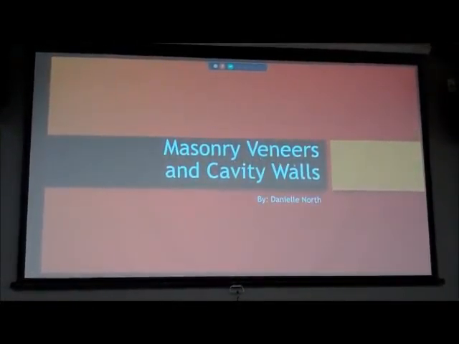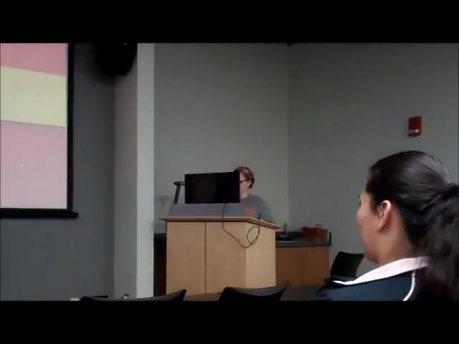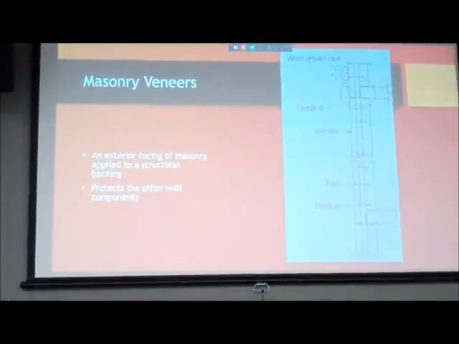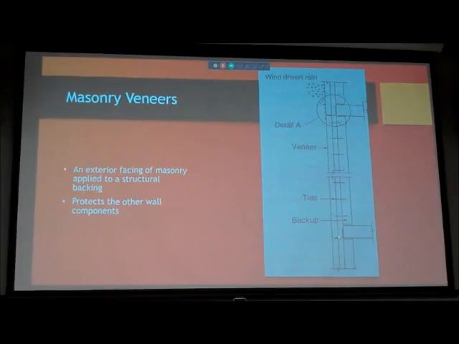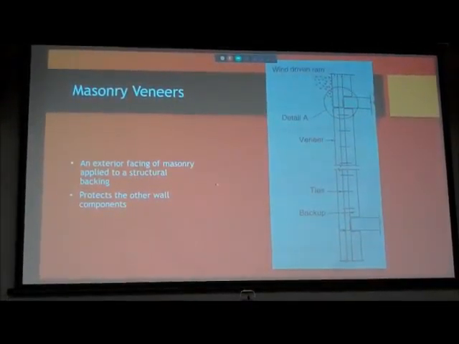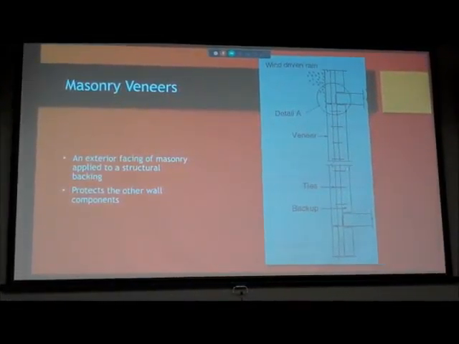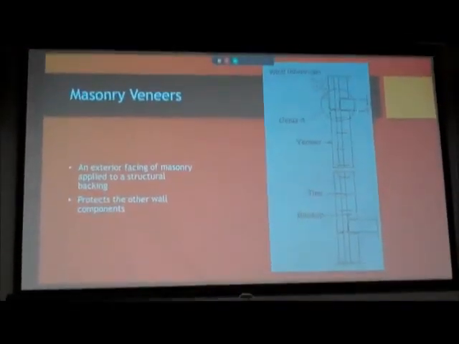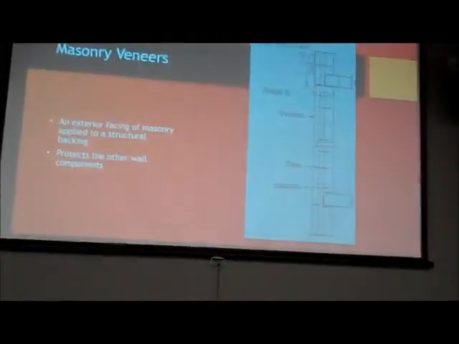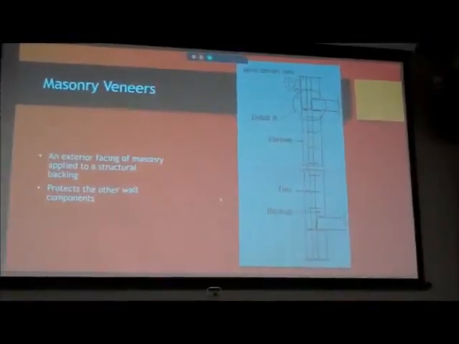I'm doing masonry veneers and cavity walls. So masonry veneers are the exterior facing. In our case, it's brick, and it's applied to the structural backing, which can be steel or timbers or stuff like that.